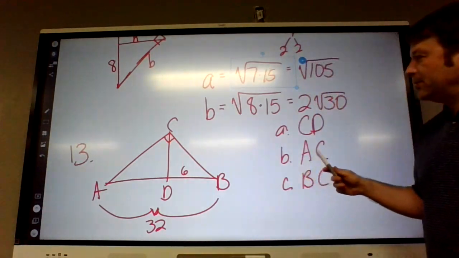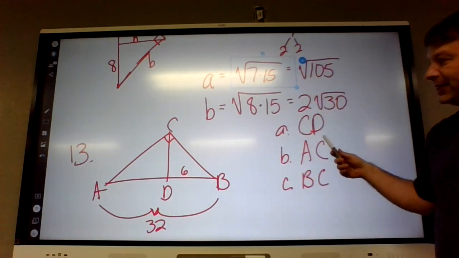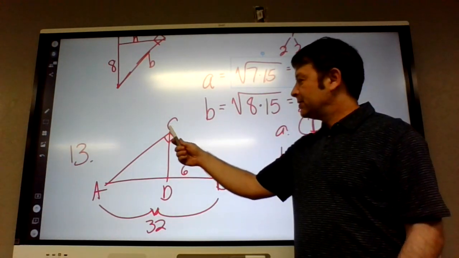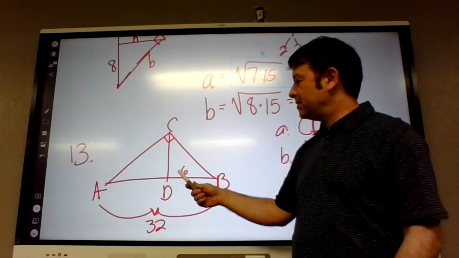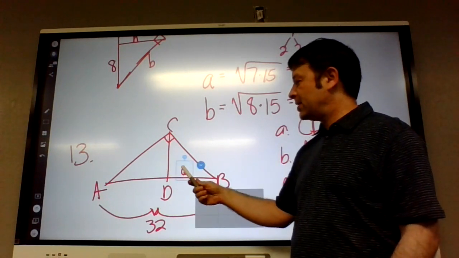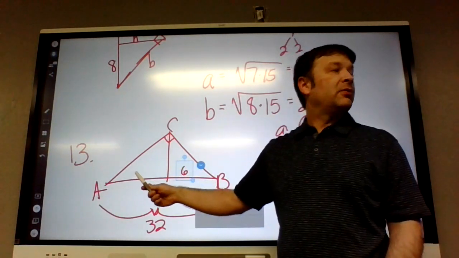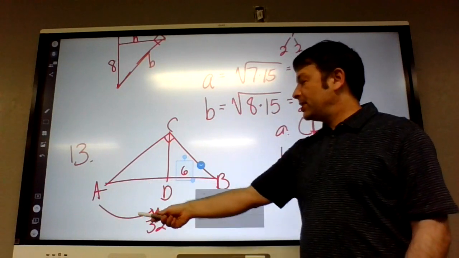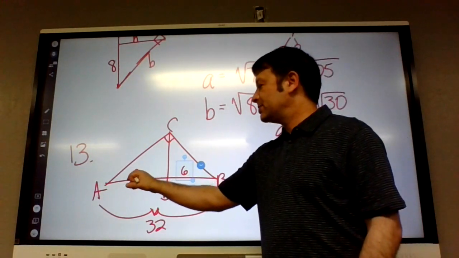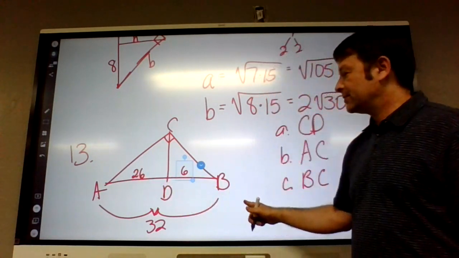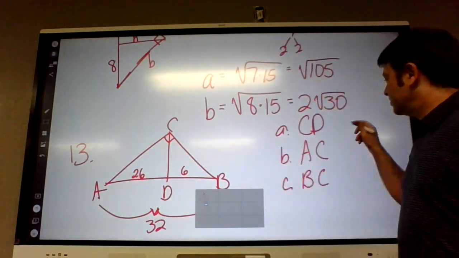Okay, so how do we find CD? Oh, you do 32 divided, what's half of 32? No, we do 6 and whatever that is. So they gave us AB, 32 minus 6? 32 minus 6 is 26. So 26 times 6 and then square root of that.